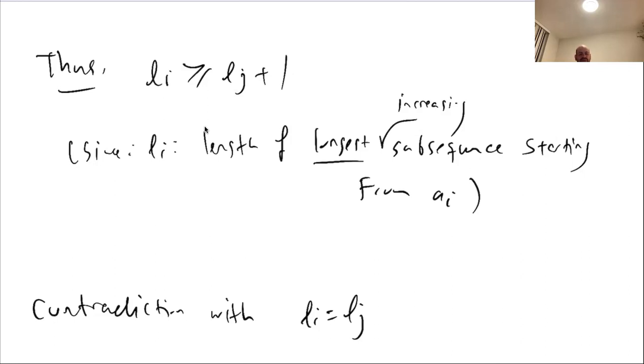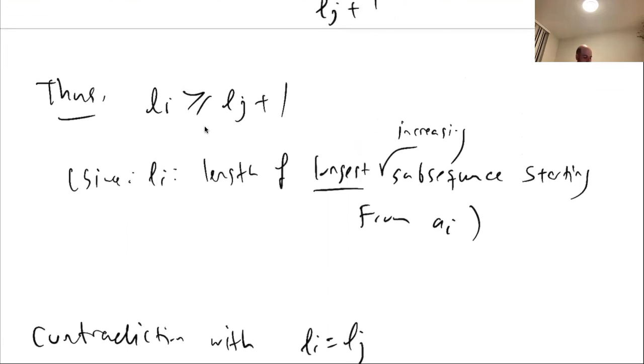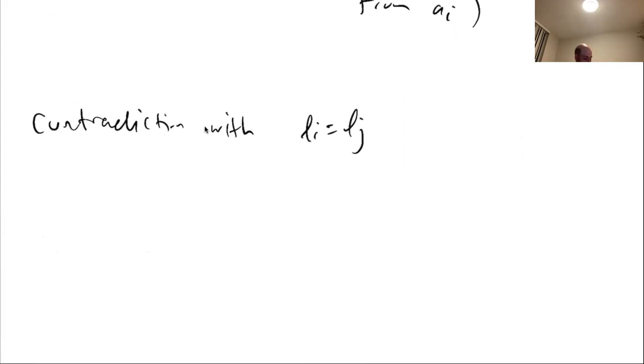If Li is bigger than or equal to Lj plus 1, Li will be bigger than Lj. But I concluded that Li must be equal to Lj before this. So this is a contradiction.